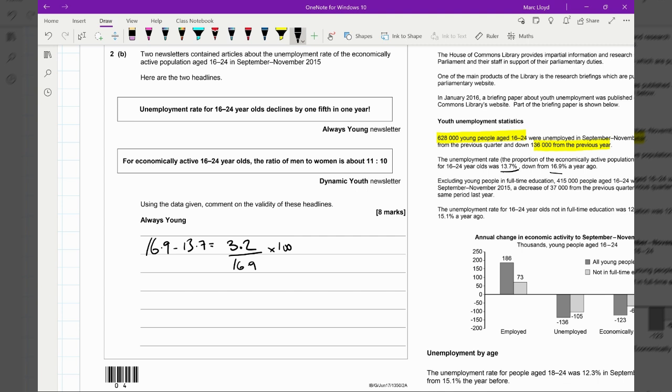So 3.2 divided by 16.9. I need to make sure I've got the answer in there. And then we times it by 100. And that gives me 18.9. Happy with that. So 18.9%.